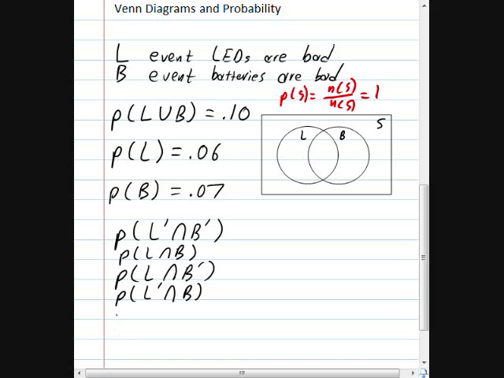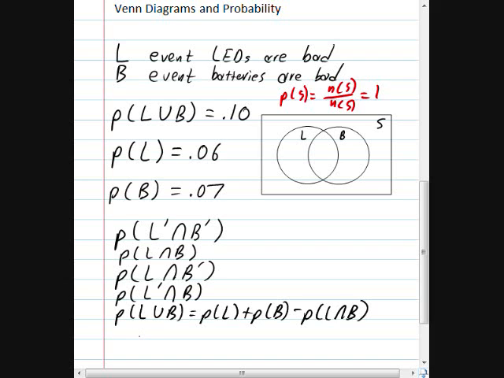We know that the probability of L union B can be found by taking the probability of L plus the probability of B minus the probability of L intersect B, or L and B occurring at the same time.